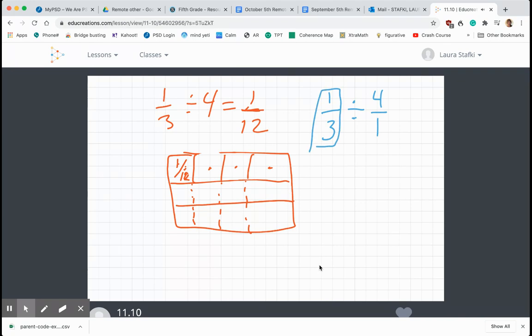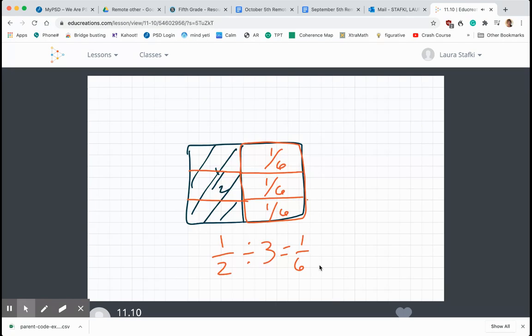You keep that the same. I'm going to change colors. Keep this the same, switch this to multiplication, and flip this. So it's 1 and this becomes the 4. Then multiply as normal and I get 1/12, because you multiply straight across. You don't have to do anything goofy trying to find common denominators when you're multiplying.